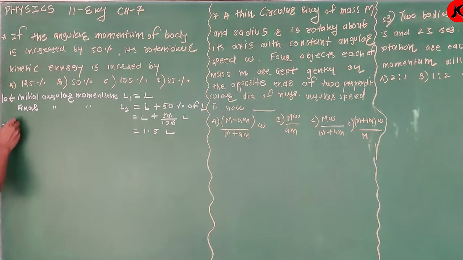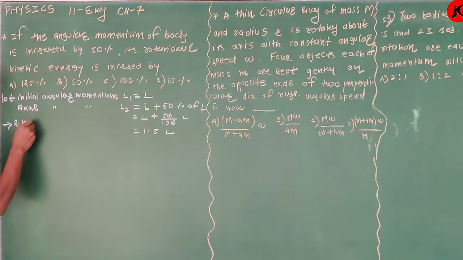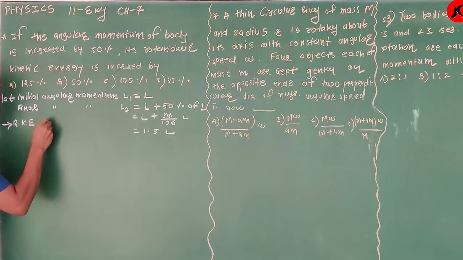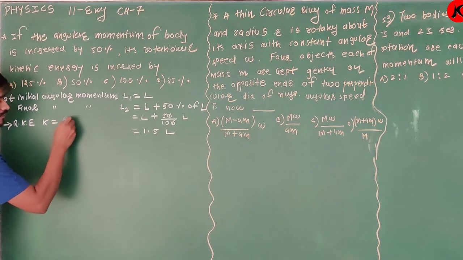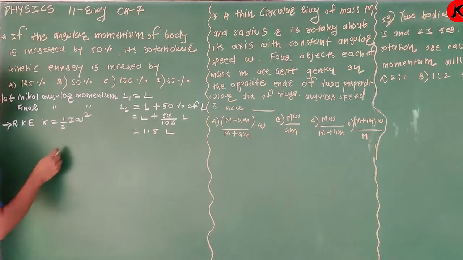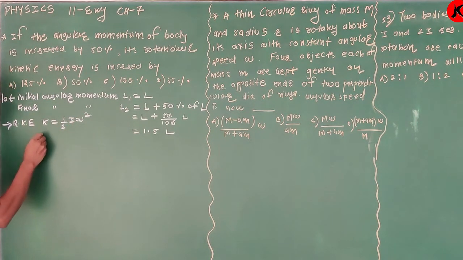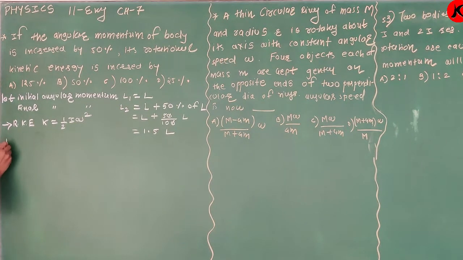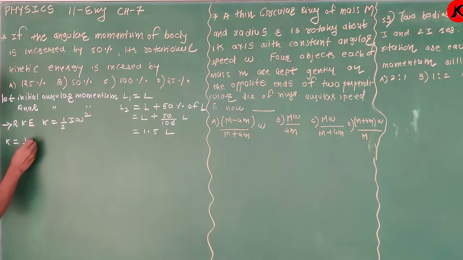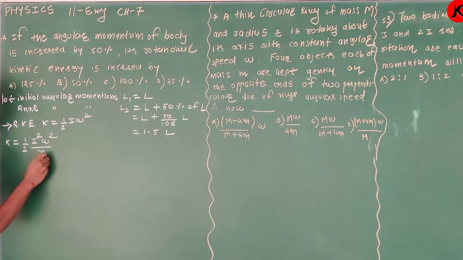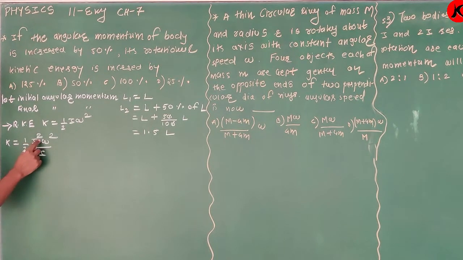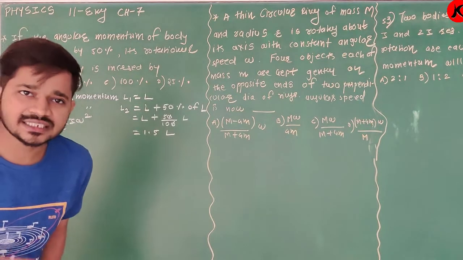We know that rotational kinetic energy K is equal to half I omega square. So I can write K is equal to half I square omega square upon I. It means multiply by I and divide by I. Yes or no? Yes it is.